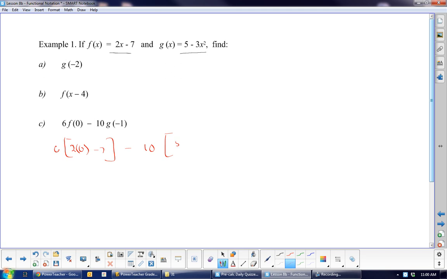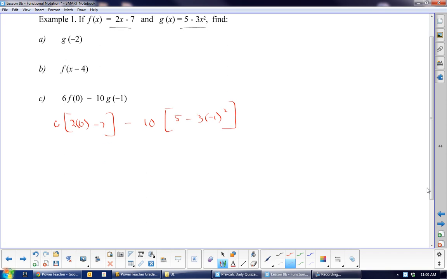So that's going to be 5 minus 3 times negative 1 squared. Actually, we can finish this one. It's not too tough. Okay, so this is going to be 6 times negative 7 minus 10 times 5 minus 3, which is 2. Negative 42 minus 20 is negative 62.